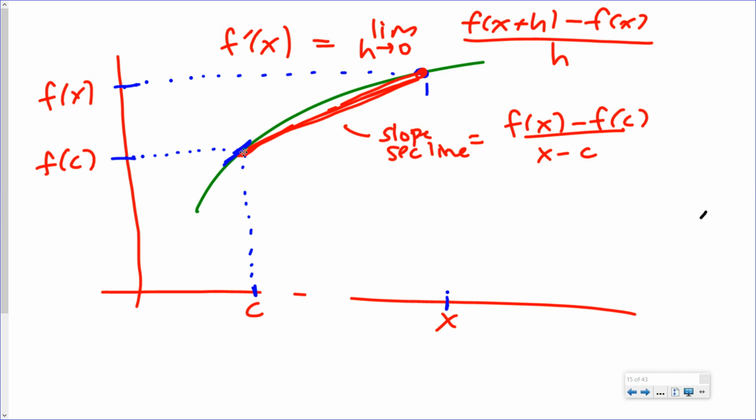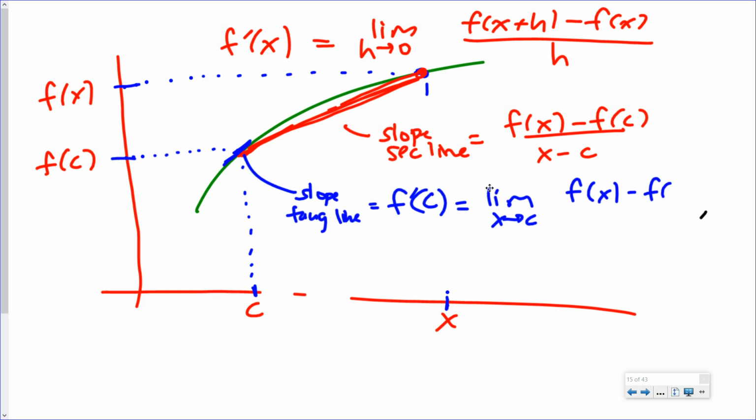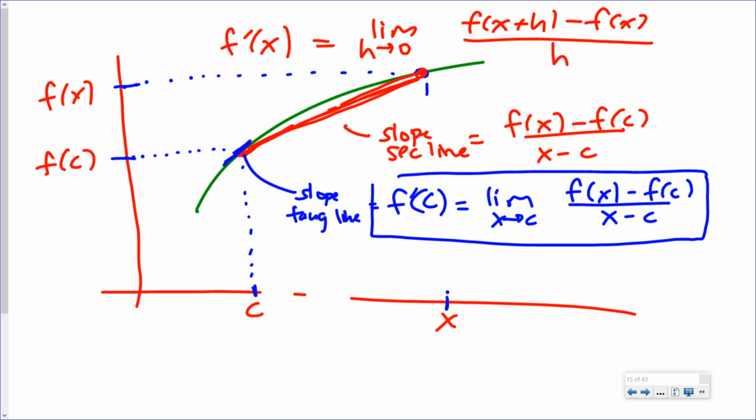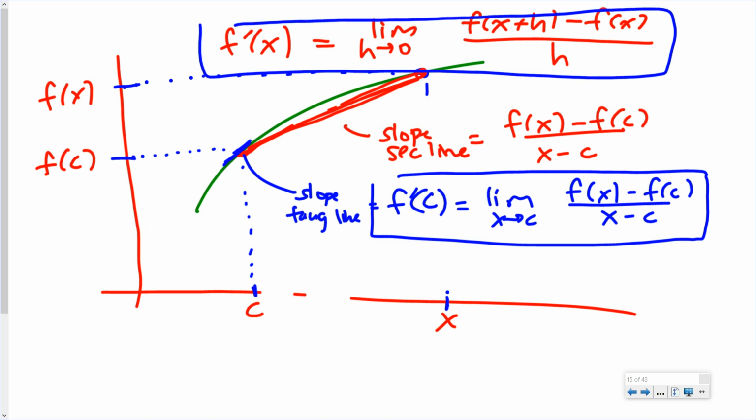So now the slope of the tangent line, which is the same thing as the alternate definition of a derivative at some point c, is the limit as x approaches c of this formula. And this formula, guys, write it on the top right of your paper, okay? This is a formula you need to know for the alternate definition of a derivative, which is almost the same as the formal definition of the derivative. So you need to know those two formulas. Let me show you how to apply them.